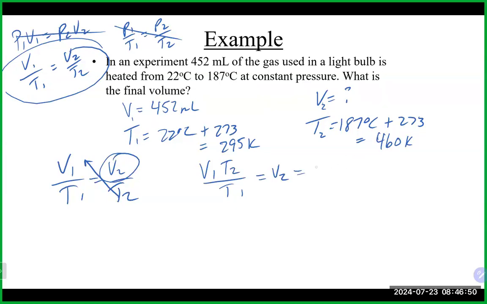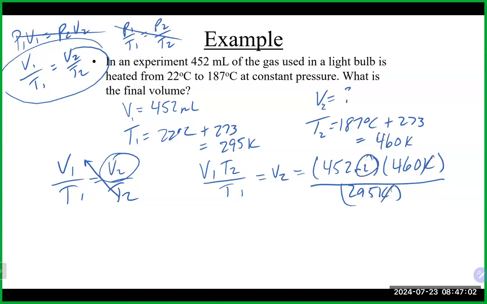Putting our numbers in correctly here, 452 milliliters. It is T2 that should be up on top, 460 Kelvin, and 295 Kelvin here on the bottom. Kelvins will cancel, going to leave us milliliters as our units. And that's going to get us here, looks like 705, and this would be milliliters in this particular case.